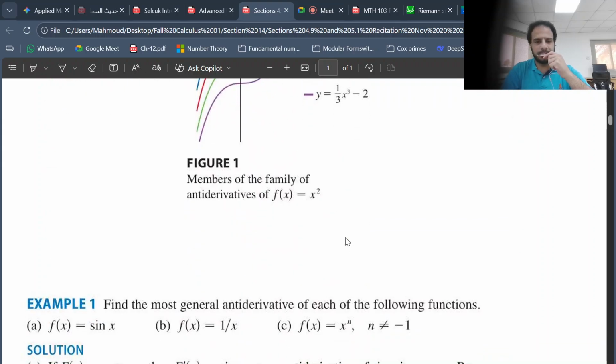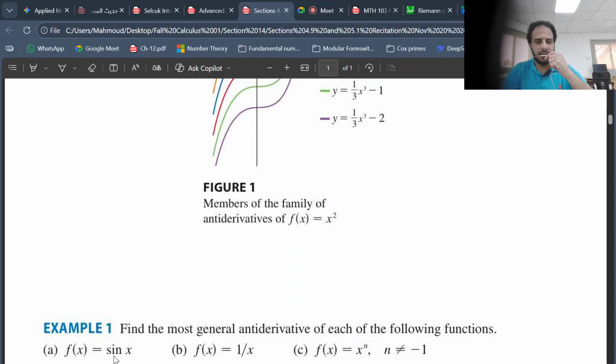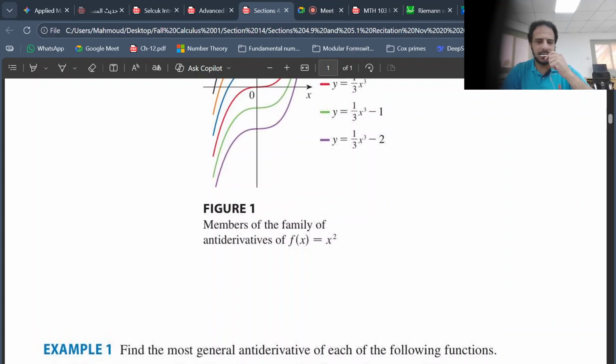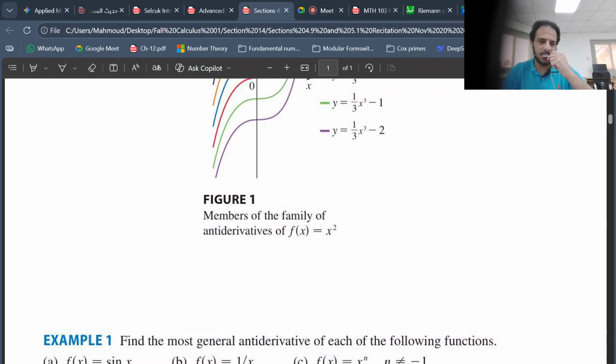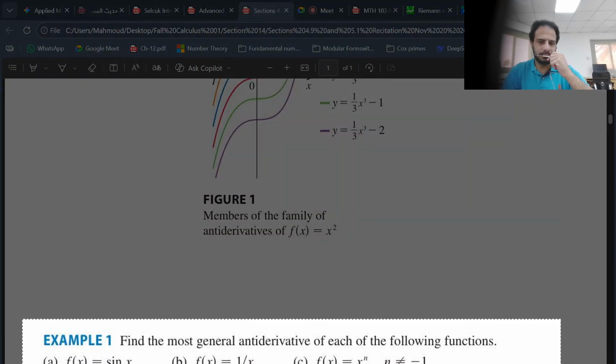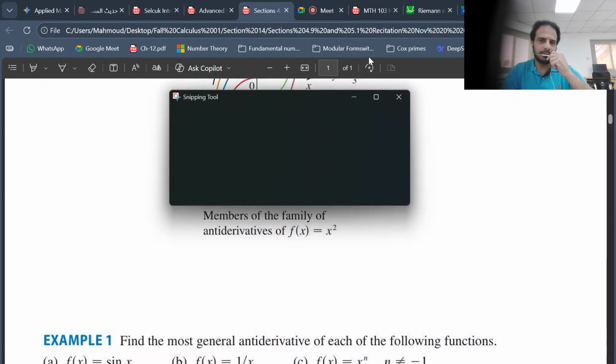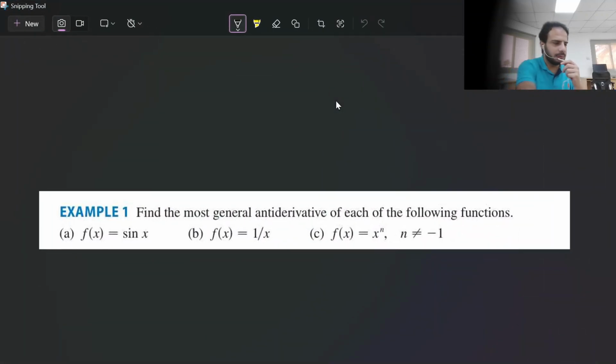Now, see this. You have sine x, 1 over x, x to the n where n is not minus 1. What do you think? What's the antiderivative of sine x?